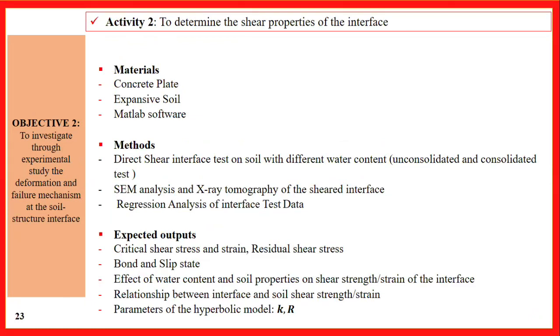For the second activity, we will use different tests like direct shear interface test, SEM analysis, and X-ray tomography of the shear interface to characterize the interface shear properties. We will use at the end a regression analysis of the interface test data to determine the parameters of the hyperbolic model.